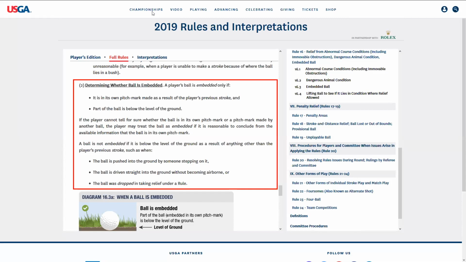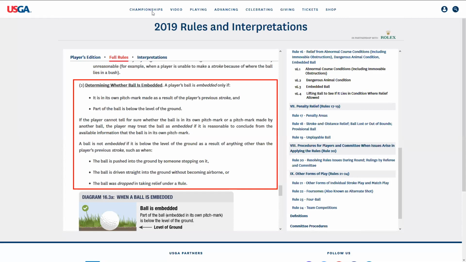Yes. Later in the day, when there are 200 pitch marks and you see the ball bounce and it goes up in the air and you can't be sure which pitch mark it went in, is it reasonable to conclude from the available information that the ball is in its own pitch mark? No, probably not. So that's how that works.